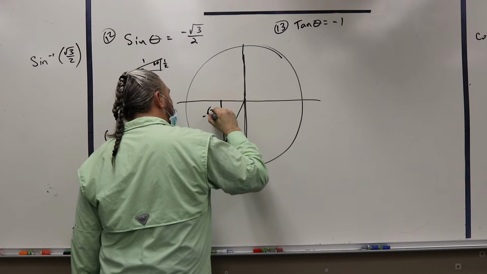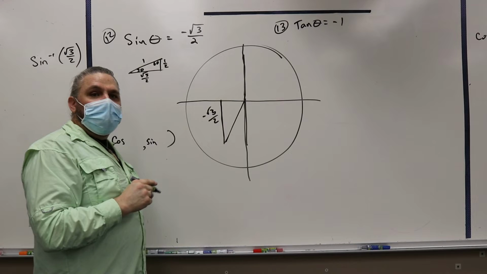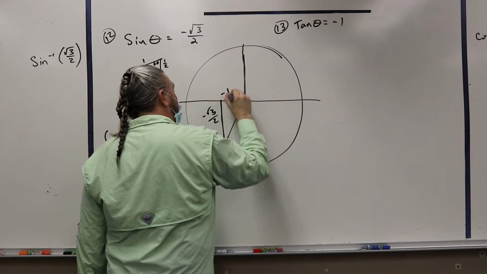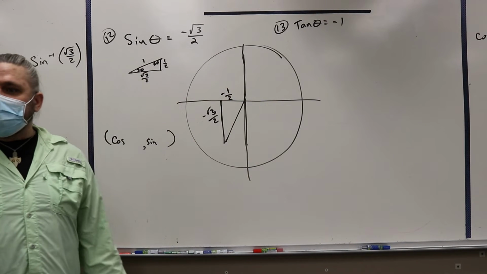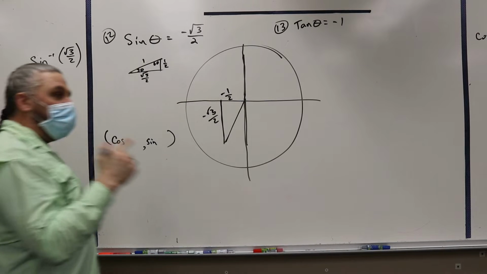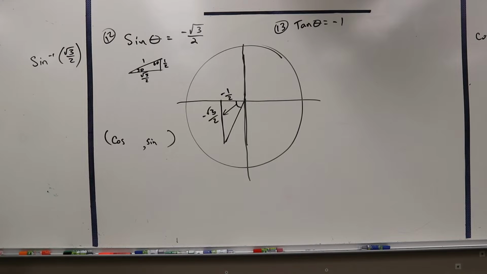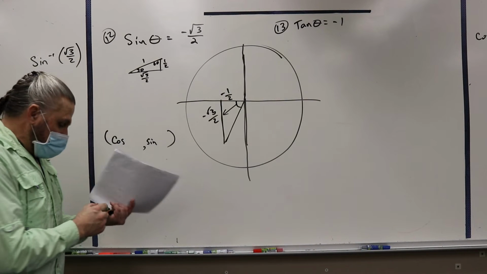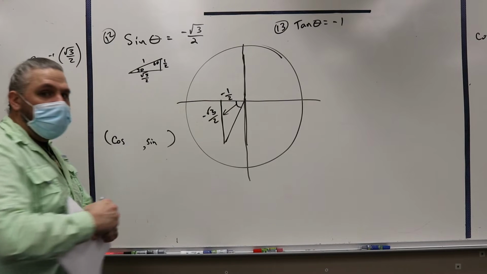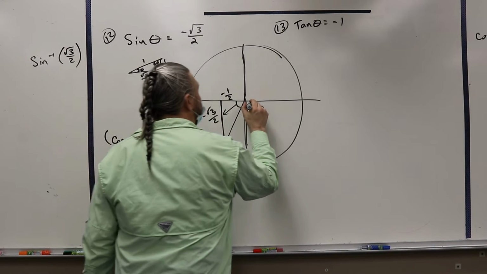This would be negative 1/2, but we don't care about that part. We care about the opposite side for sine. Does that make sense? But where else would it be negative, where x is positive?